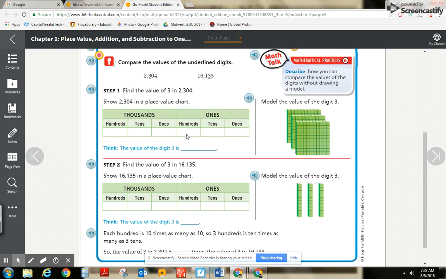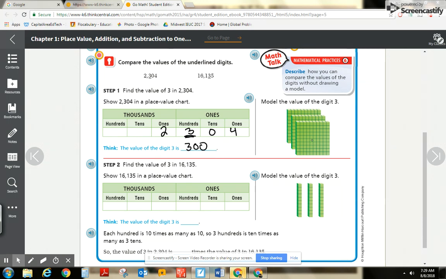So let's go through these steps. So the first step is we're going to find the value of the 3 in 2,304. So let's go ahead and put it in our place value, 2,304. We're paying attention to the 3 in the 300 spot, so it would be 300.